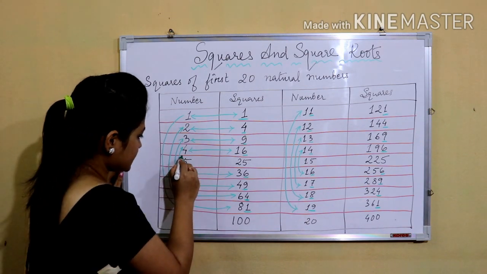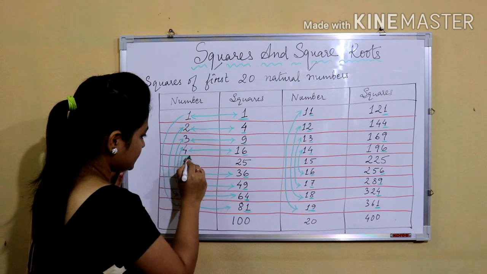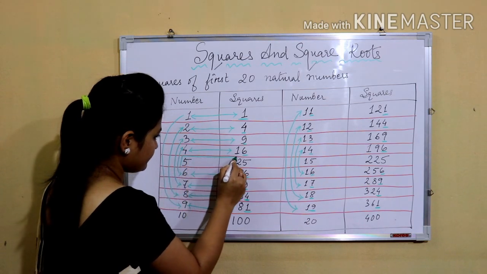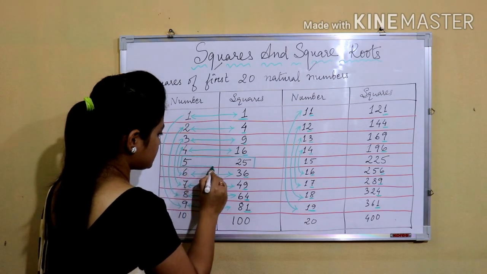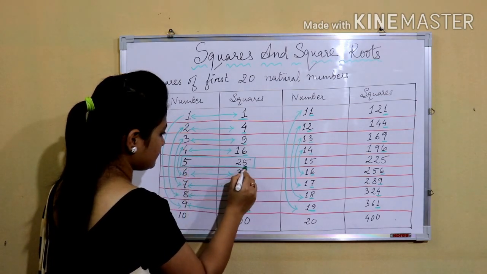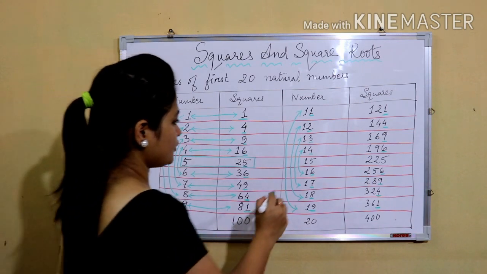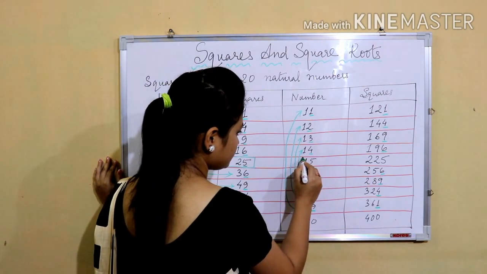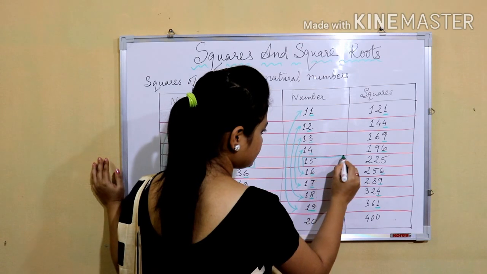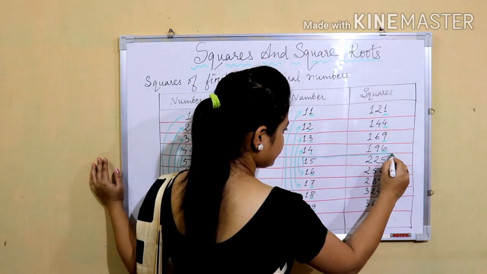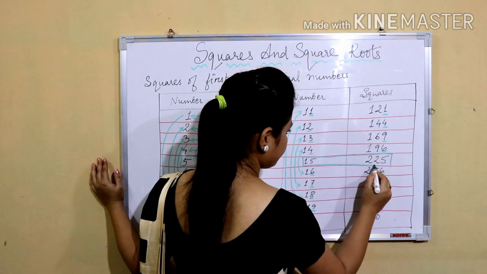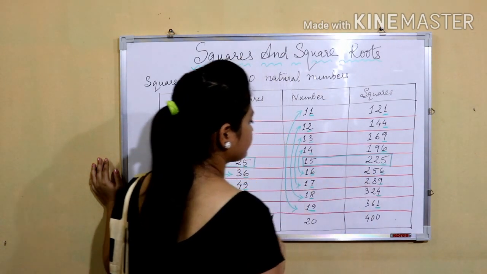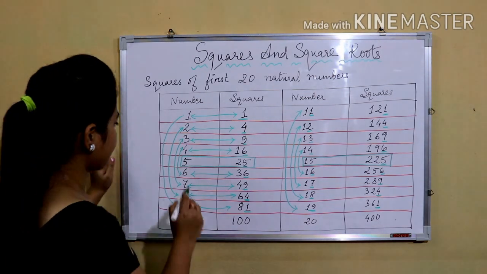There is only a single digit, that is 5, which ends with 5. Same way 15 also ends with 5.